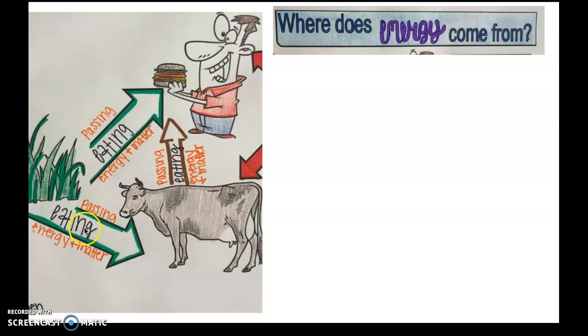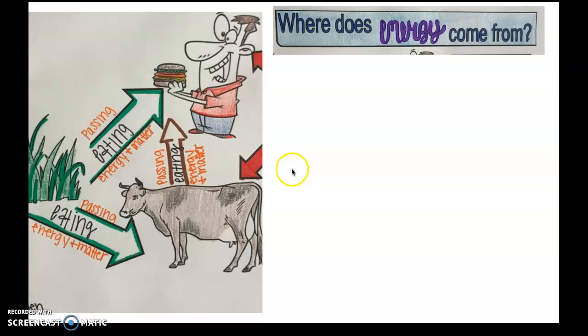And again, we know that most humans are meat and vegetable eaters. So on my hamburger I also have a beef patty, so that means that the human is not only eating the green stuff, the producer, but also the primary consumer as well. And just like when they eat the lettuce or the grass, they are passing both matter and energy as well.